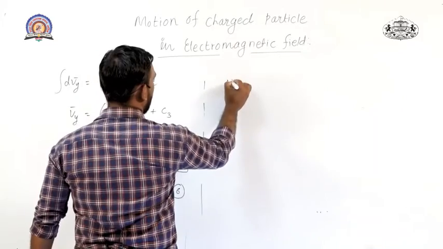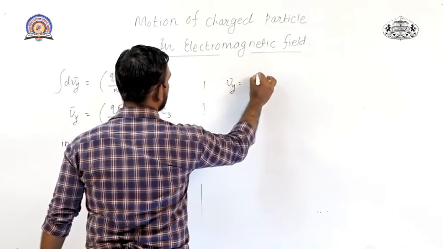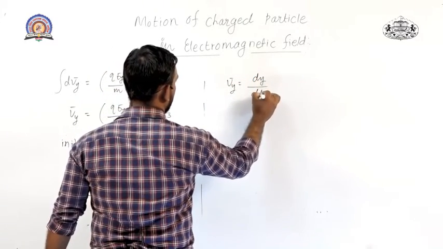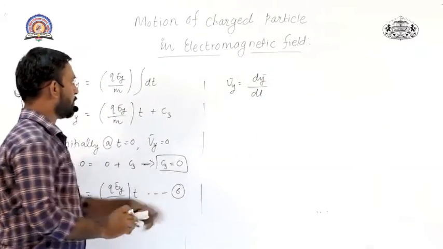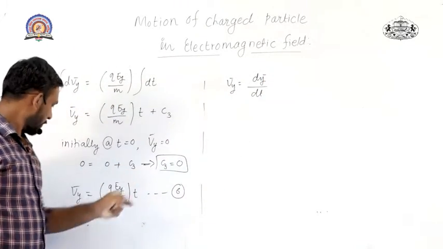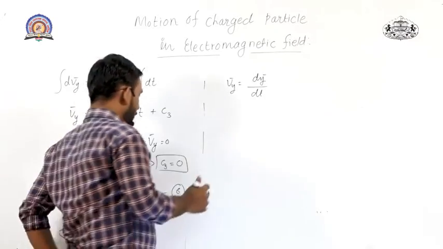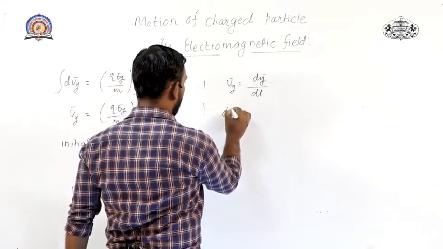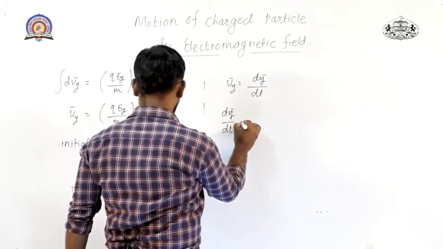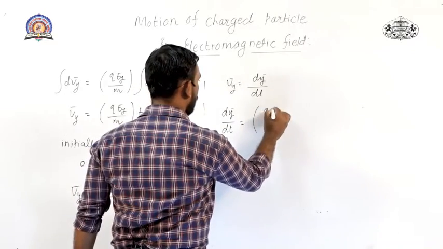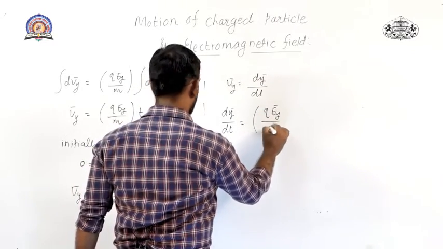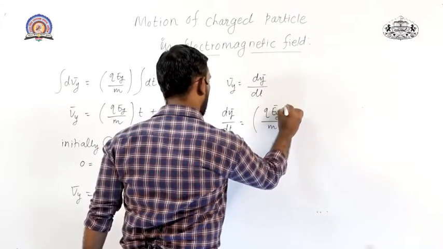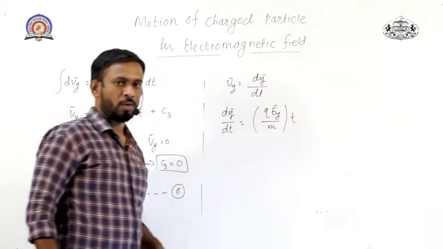So v_y is equal to dy/dt. If you substitute the value of v_y, what will be the form of the equation? dy/dt is equal to q E_y upon m into t.